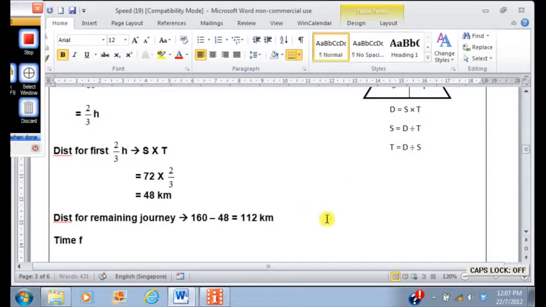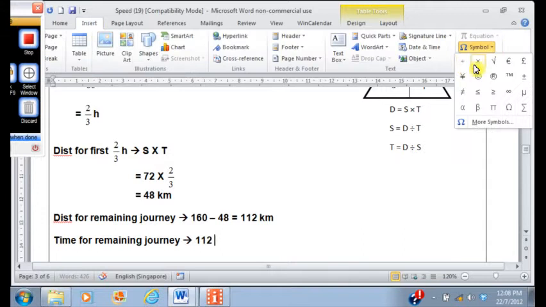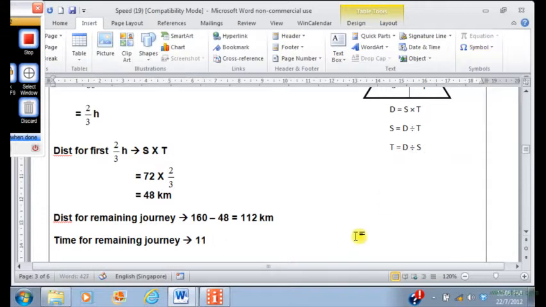So time for remaining journey, 112 divided by, or rather I will use the formula first, which is D divided by S, and this will be 112 divided by the speed, which is 56 kilometers per hour.